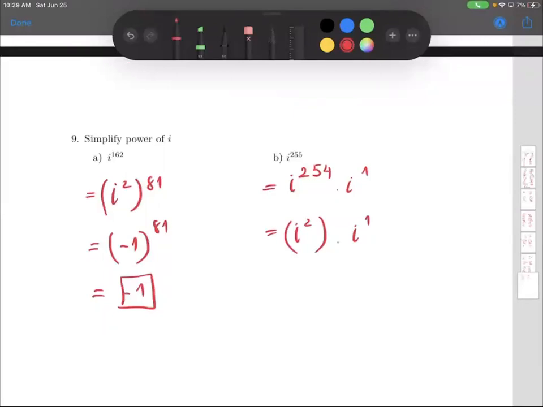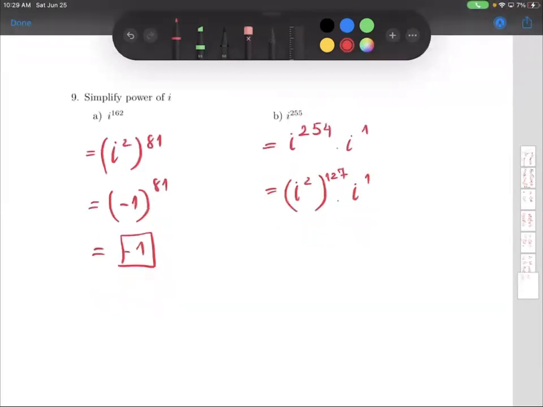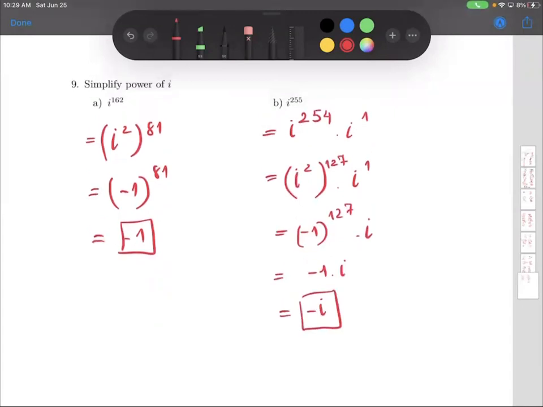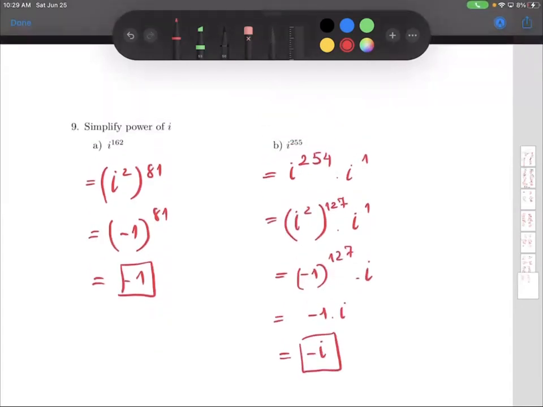All you have to do is take 254 divided by 2 in your calculator. So 2 divided by 2 is 1, 5 divided by 2 is 2, 127. i squared is negative 1 to the 127 power times i. Negative 1 to the odd power is negative 1 times i, which is negative i. These are easy problems. Please don't mess them up.